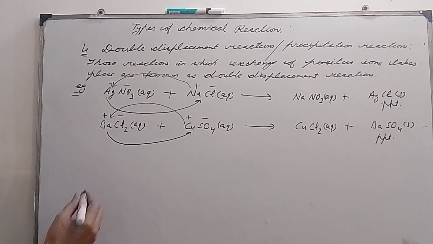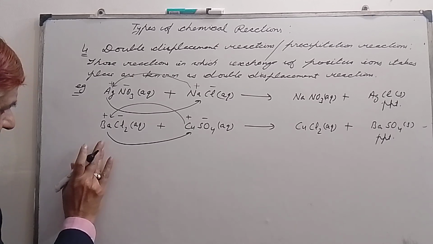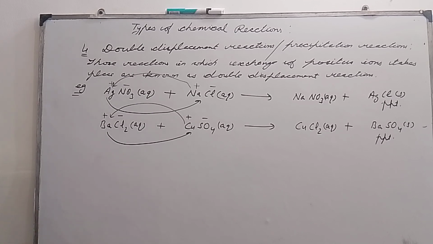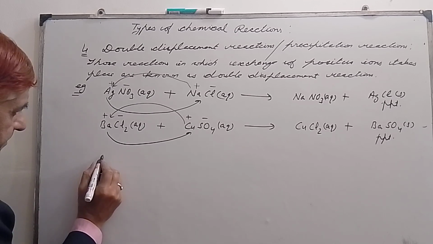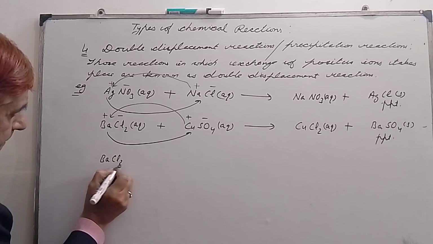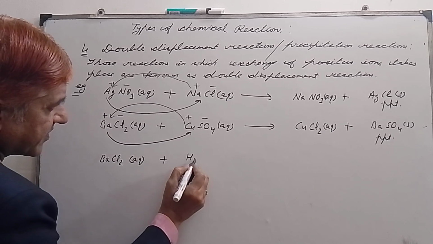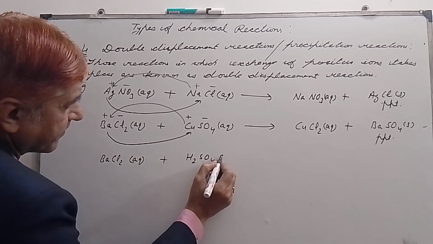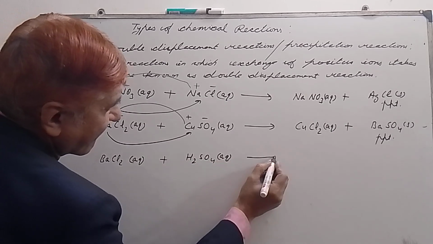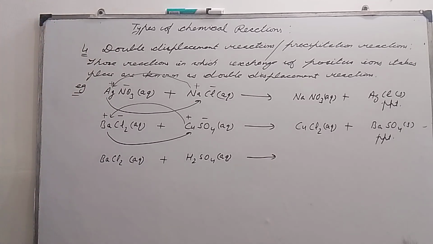Barium chloride plus H2SO4. Now, my dear students, barium chloride is an ionic compound.